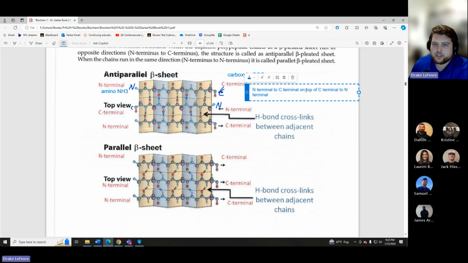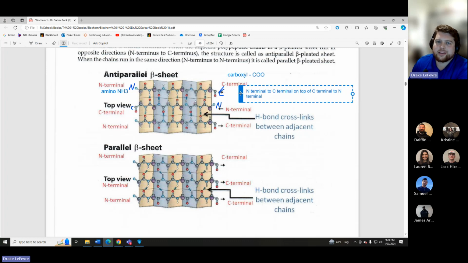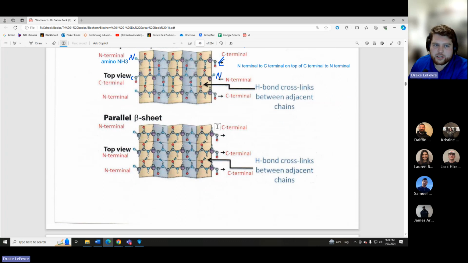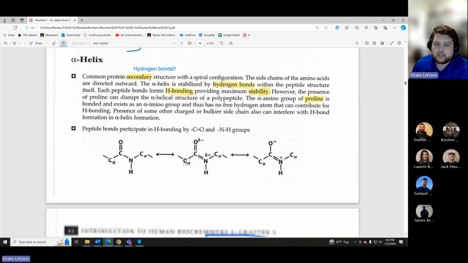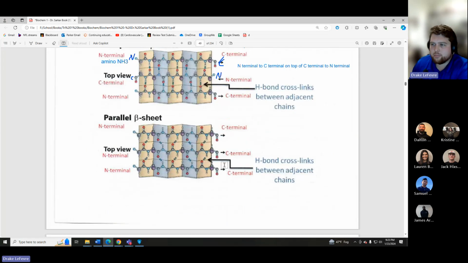N terminal to C terminal on top of C terminal to N terminal. The parallel beta sheets are all lined up, N terminal to C terminal, N terminal to C terminal. And what connects them, just like in the alpha helix, is hydrogen bonds.